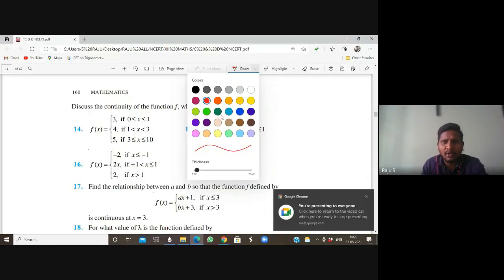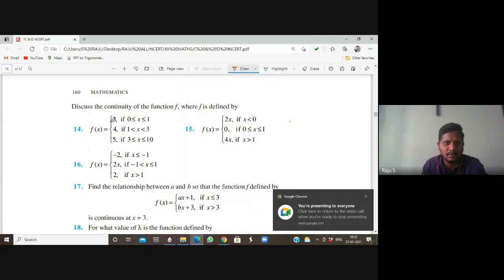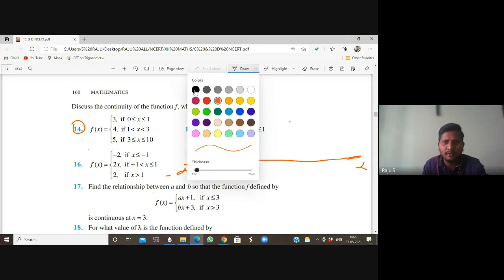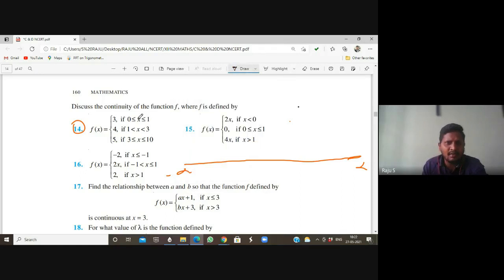See how you can do this 14th question. You can do it in this way also. You can draw the real line, minus infinity to plus infinity. It's very easy if you do it this way. Here they have given different cases.